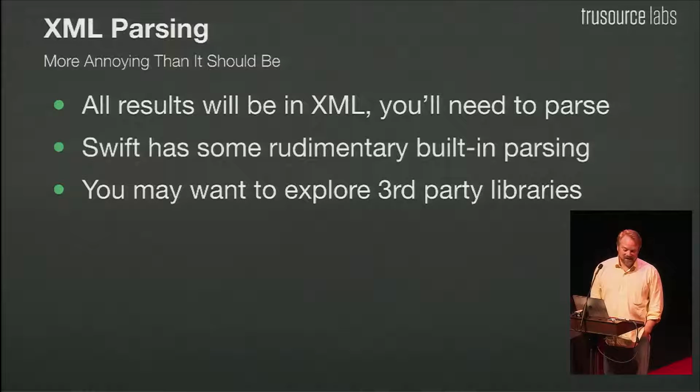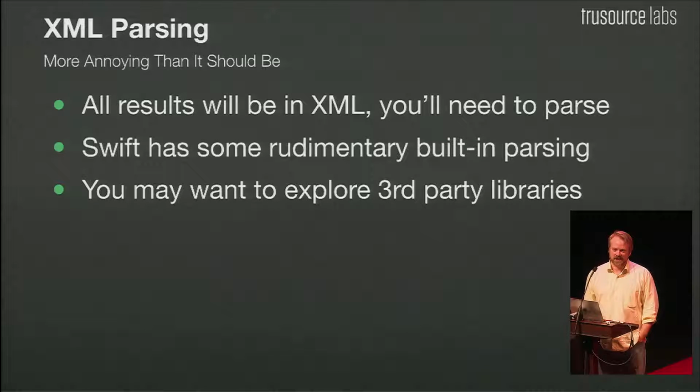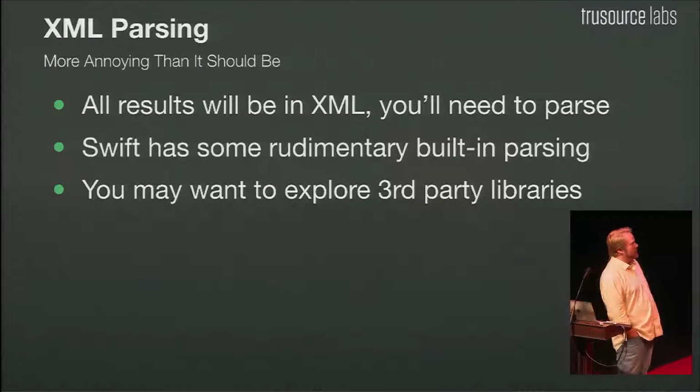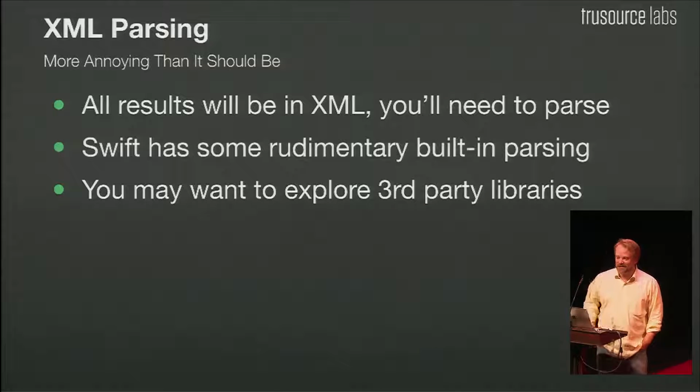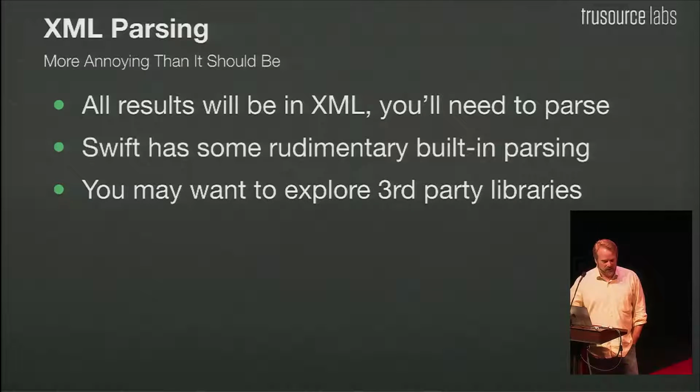Or, if you're doing code that nobody is looking at, which is what this started off as before I was going to post it, you can get away with silly things like regular expressions and just looking for particular strings. I've had to go back and cleanse that out so that I didn't present bad examples. Having said that, XML parsing is something you're going to spend some time on, but it's where you need to be, because all the results you get back from the API will be in a big XML chunk.